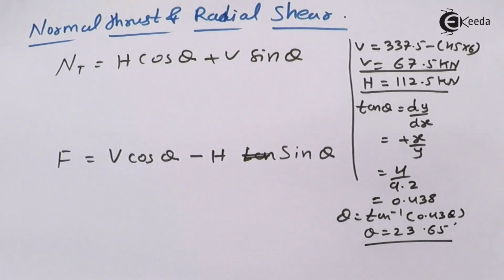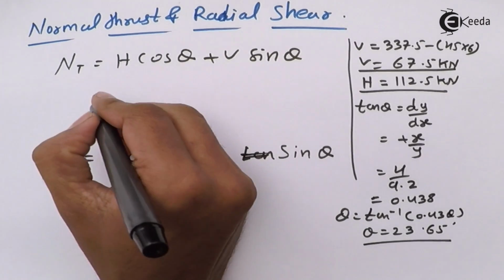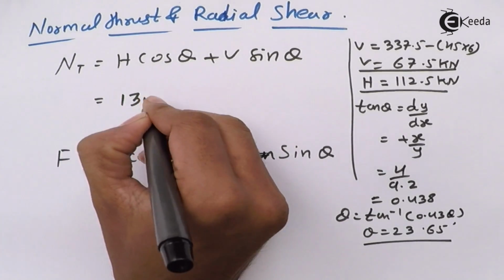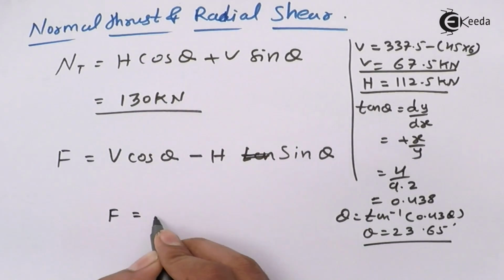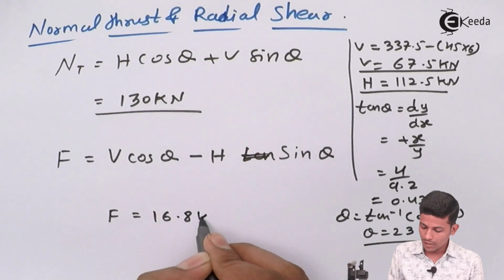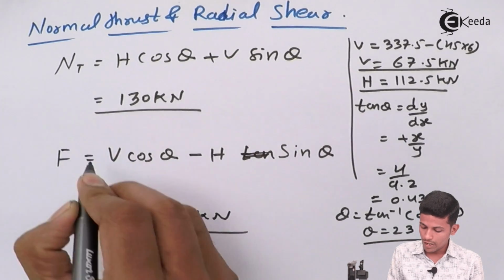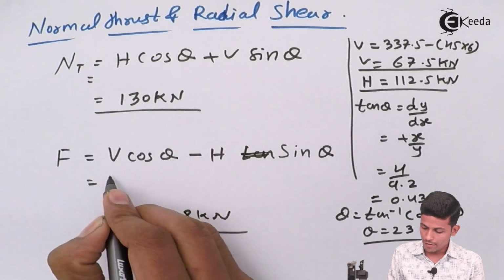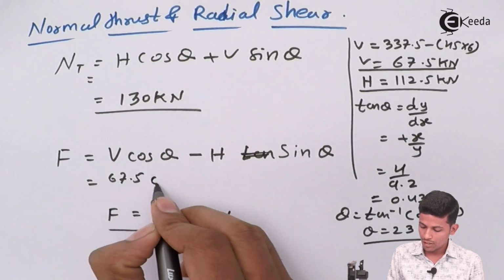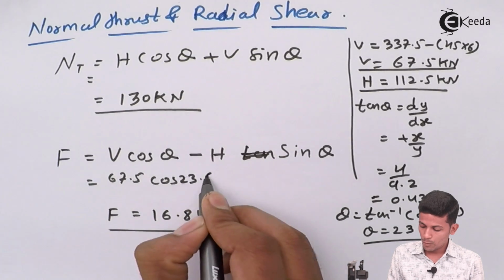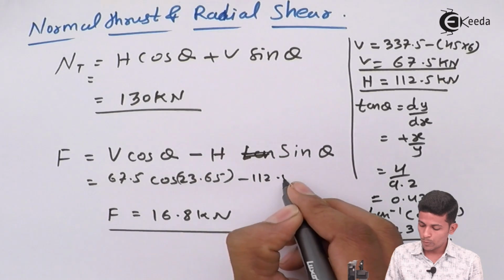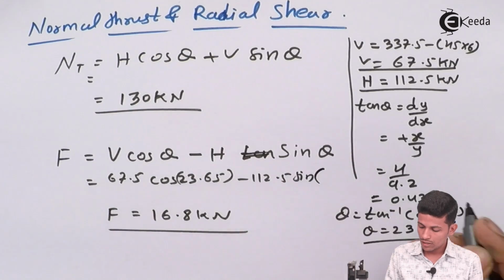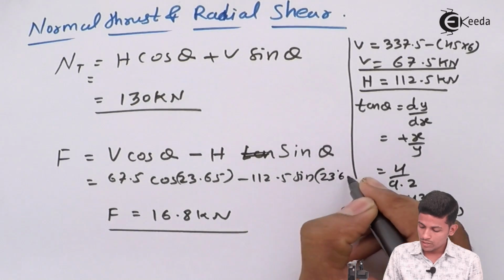Always remember these things. Now put over here and we get the value of NT as 130 kilonewton and F as 116.8 kilonewton. Now put the values over here. V will be 67.5 cos 23.65 minus 112.5 sin 23.65.